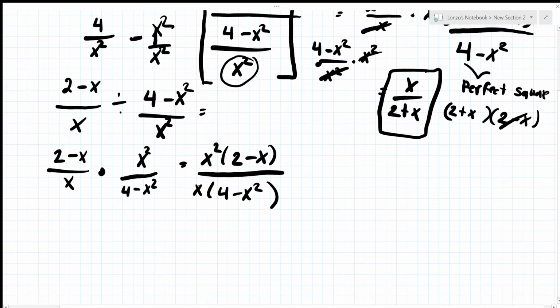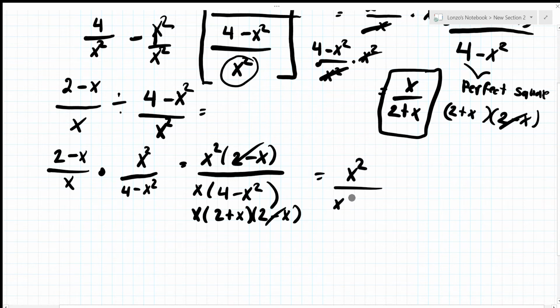Now we can simplify that 4 minus x squared as a perfect square, so this is going to be 2 plus x times 2 minus x. What happens to the 2 minus x? They cancel. So you're just left with x squared over x times 2 plus x.